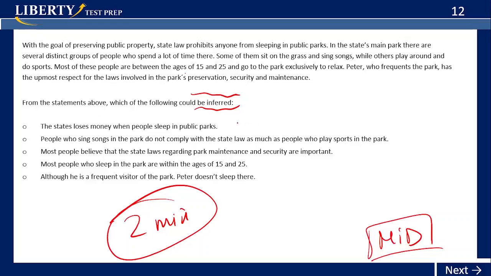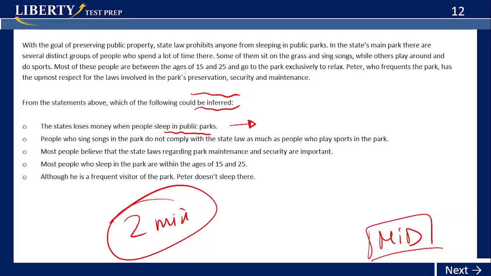Now, number 1, the state loses money when people sleep in public parks. Is it necessarily true that they lose money? They say with the goal of preserving public property. Okay, it kind of seems logical. If you're preserving public property, it's because that public property is going to be affected in some way, but we don't know if it's going to be affected in such a way that it's going to cost you money.